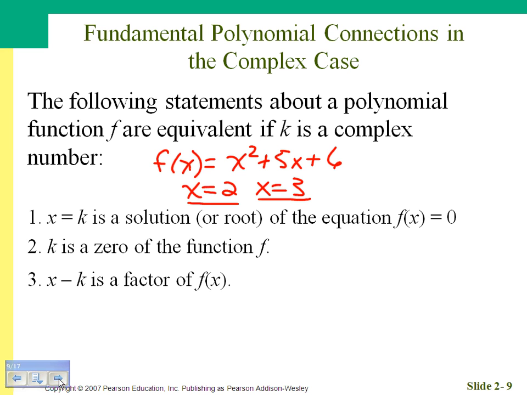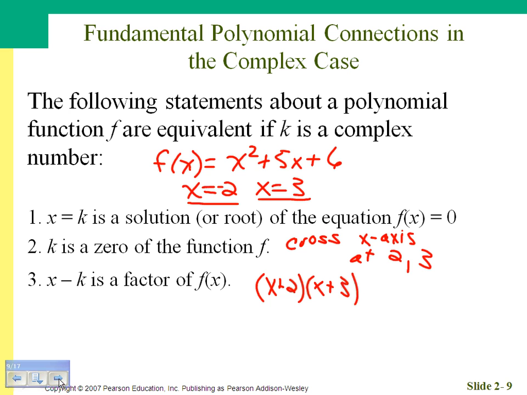We would say that 2 and 3 are zeros, meaning it's going to cross the x-axis, because these are both real numbers, at 2 and also again at 3. And then finally, we can write these as factors, x minus 2, x plus 2, x plus 3. Jeez, I just messed the whole thing up. x minus 2 is a solution, x equals minus 3 is a solution.